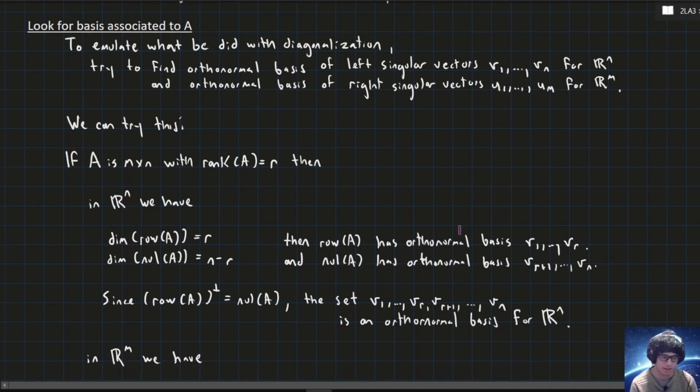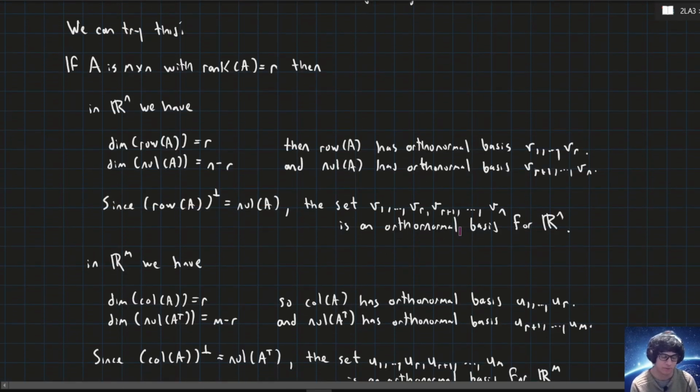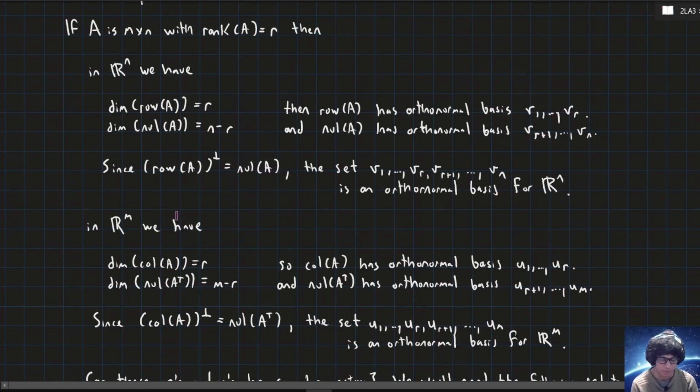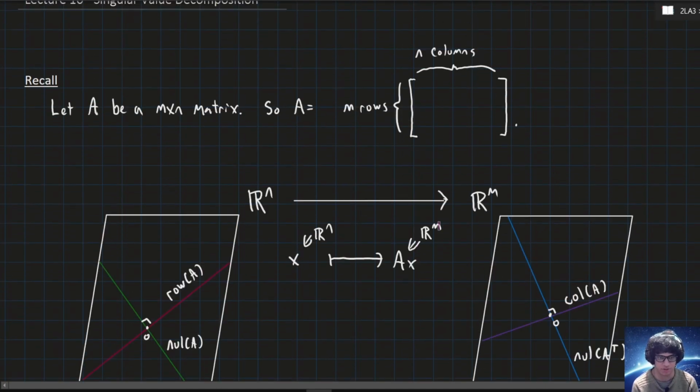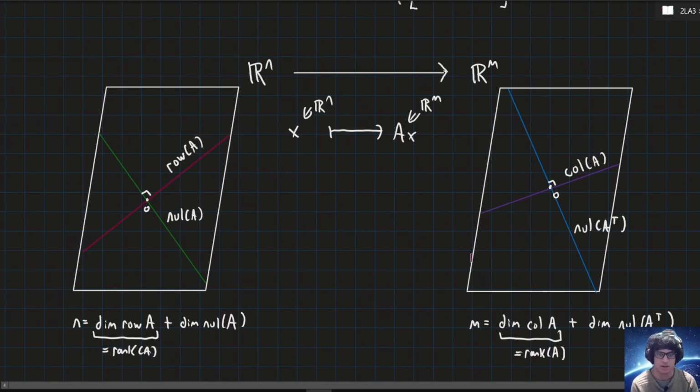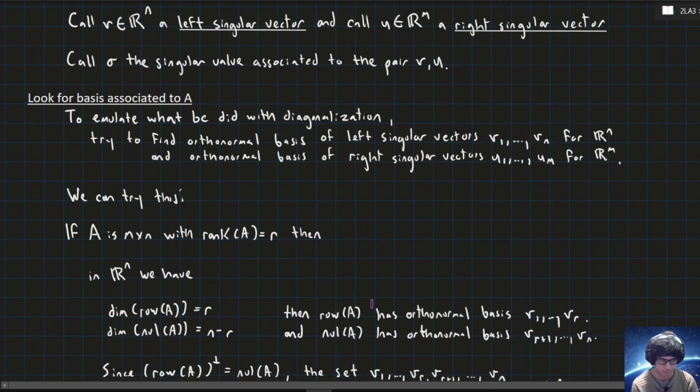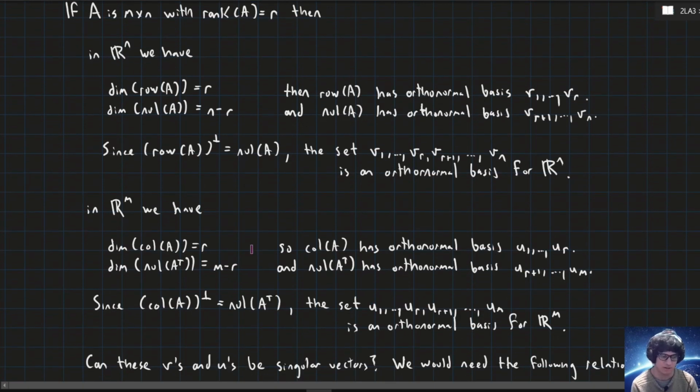A very similar thing holds for Rm. Let me show the picture again. This is over here, and the two important subspaces are the column space and the null space of A transpose. Very similar setup. The dimension of the column space is r. The dimension of the null space of A transpose is m minus r.